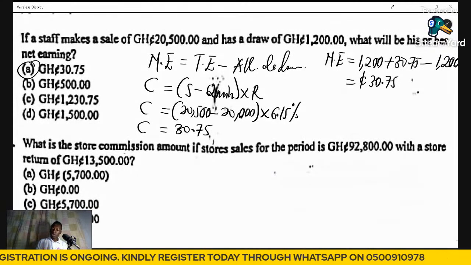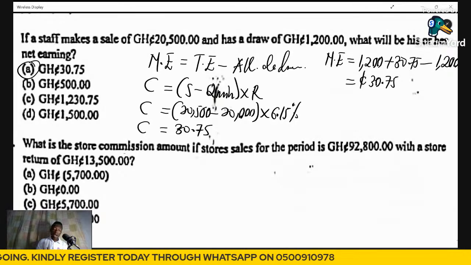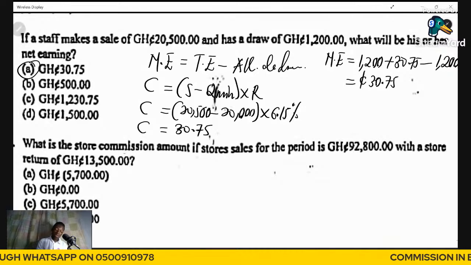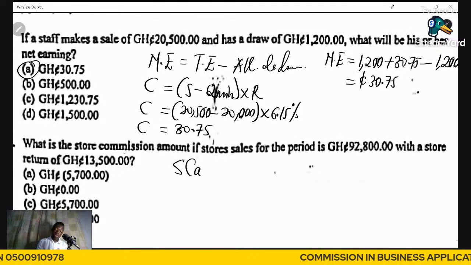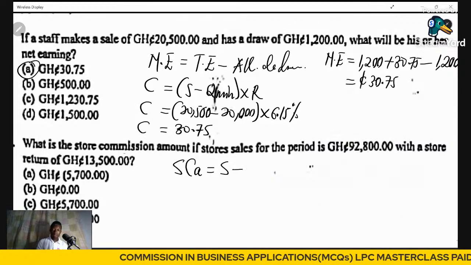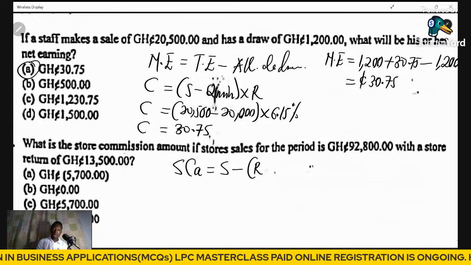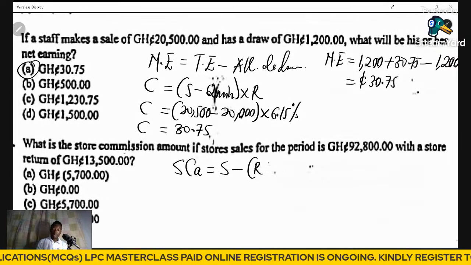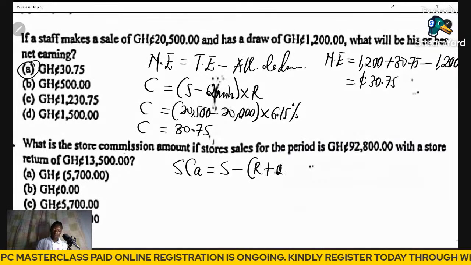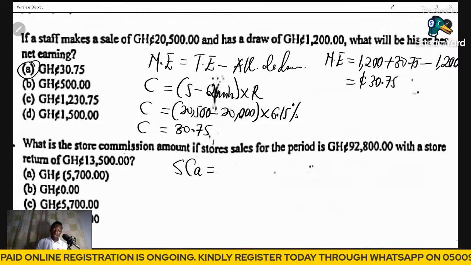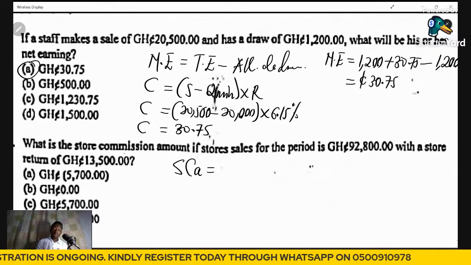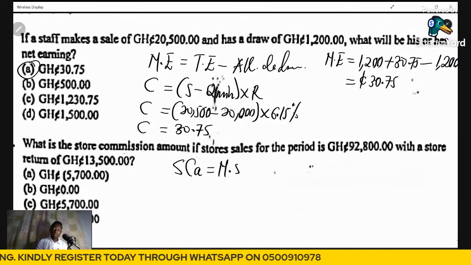13,500. So for us to get the store commission amount, it is going to be the net sales minus the quota.